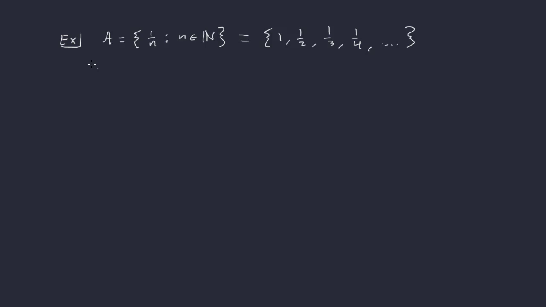Every point of A is isolated, and the only limit point of A is 0, which is not in A. So A is not closed.